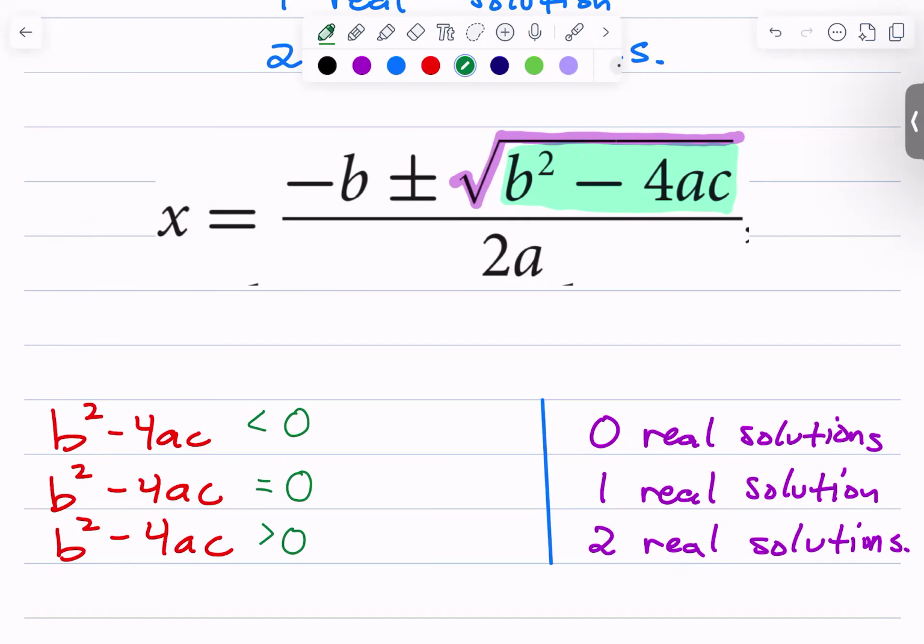So if we just get b squared minus 4ac, that value, and wherever that value falls, if it's less than 0, equal to 0, or greater than 0, we can say we're going to have 0, 1, or 2 real solutions. Okay? So let's practice that.